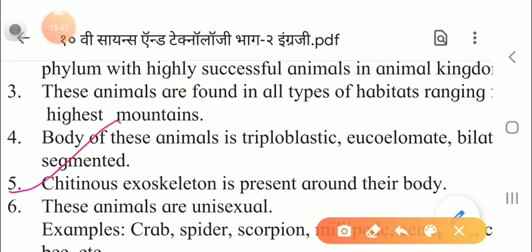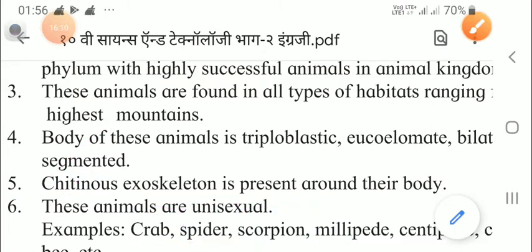Now, some animals are unisexual. Unisexual means either the male reproductive organ is present or the female reproductive organ is present in one organism. What are the examples, children? Crab, spider, scorpion, etc.